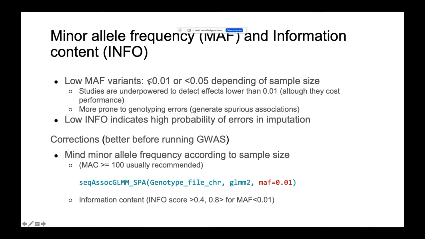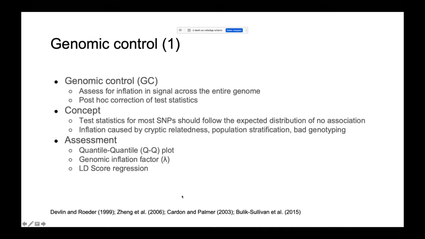You can exclude variants with a minor allele frequency ideally before performing your GWAS, but it could also be done afterwards. An information score represents how well the variants are imputed, and that's also important to filter on, since a low info score indicates a high probability of imputation errors.